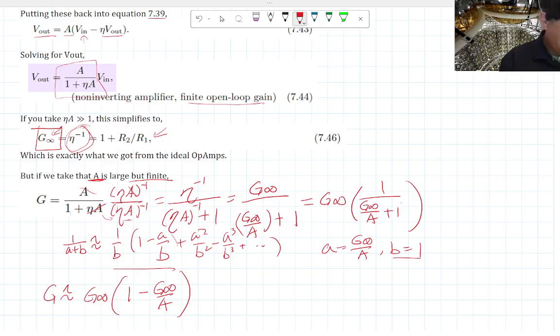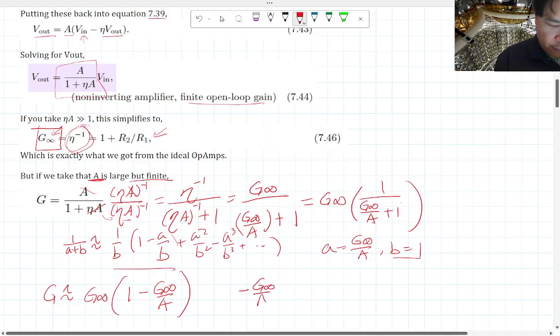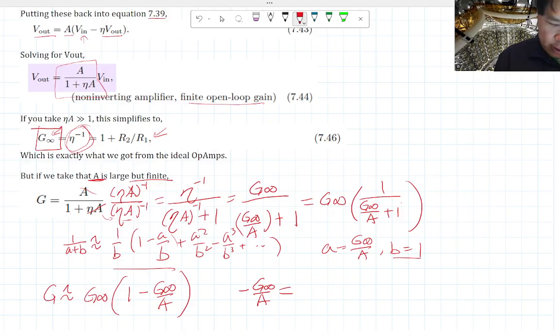Okay, so what we're going to do is define something new. We're going to define negative g infinity over A as equal to delta g over g infinity. I'll tell you what this means. Let's double check what the book does quickly. Yeah, it's doing this all in one line plus a definition.